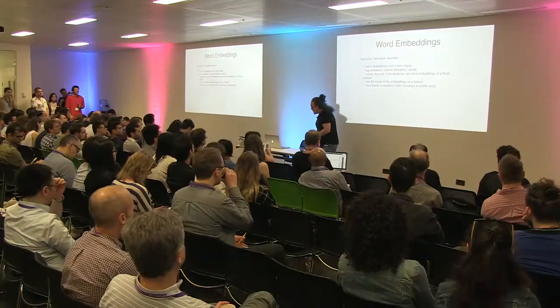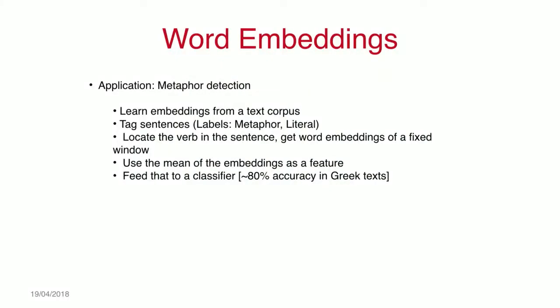We found out that this technique works really, really well on metaphor detection. So we have documents, and we want to classify a sentence as a metaphor or not. The way we do it is to learn embeddings from the corpus, and then we have a labeled set of tagged documents where we know which sentences are metaphors and which are literals.